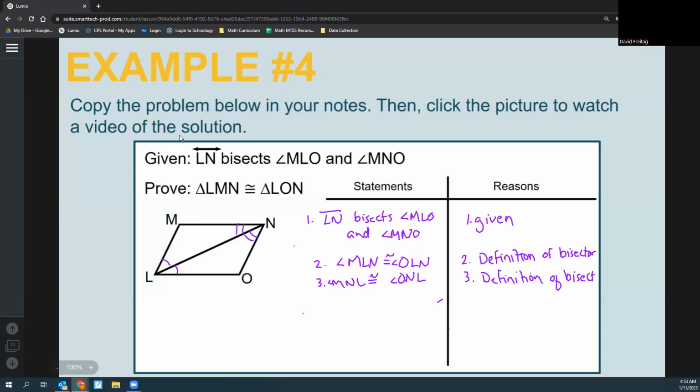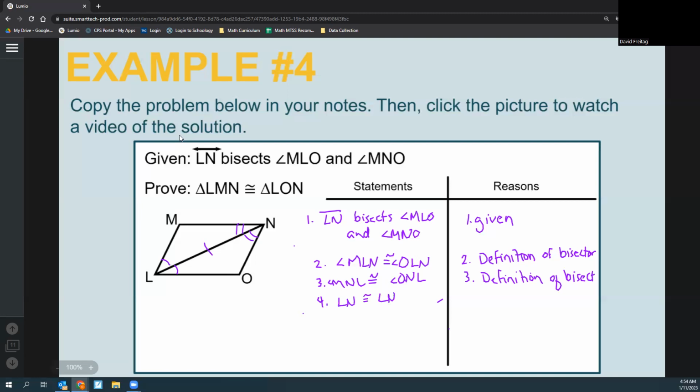Now, the two ways of being able to do it without having to show that M and O are the same, and then all the 3 sides, is to show that a side that's either on the outside of those 2 angles or the side that's on the inside are the same. Well, LN is on both triangles. And since it's on both triangles, I can say that it's the same to itself. Okay. LN is congruent to LN because that is a true statement.